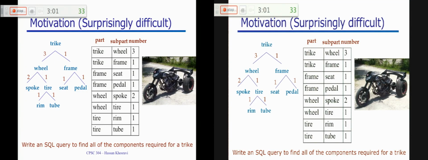So one suggestion is keep on joining. And how do you join? Let's get 2 copies of this table. So we'll have an A1 copy and we have an A2 copy. Okay, so what I want is that for the A1.subpart, so trike has a wheel and I want that wheel to be the same as A2.part.